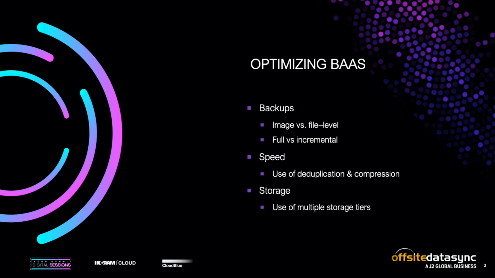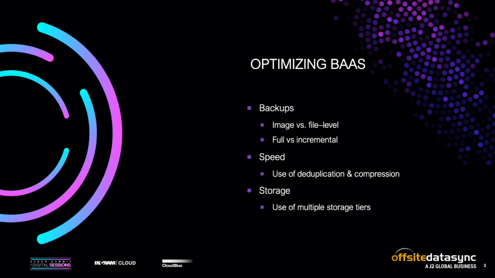Some of you might be doing image level. Some of you might be doing file level. Really depends on what your goal is in terms of your recovery strategy. If you're thinking, I just need to recover systems, we certainly all know that image is going to be the best way to do it. But if there's a real specific need to be able to recover a separate data set, thinking about file level backups or having a plan to use your image level backups so you can extract the files out, that's certainly still acceptable.